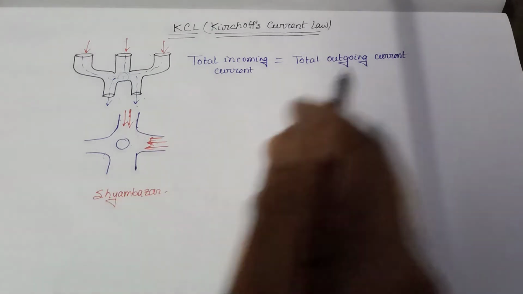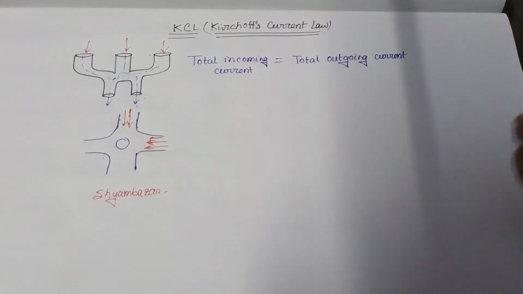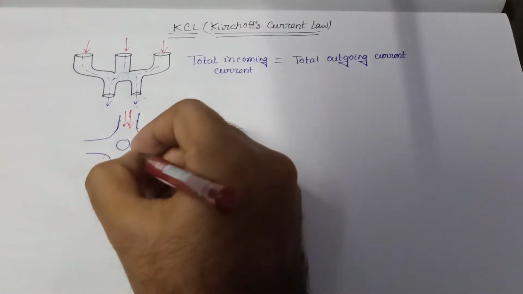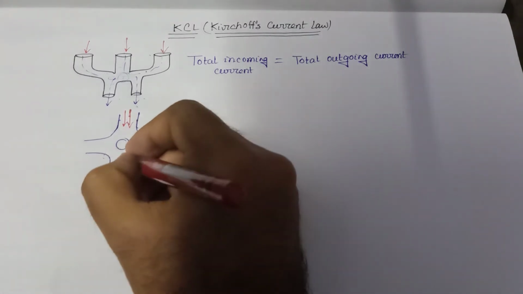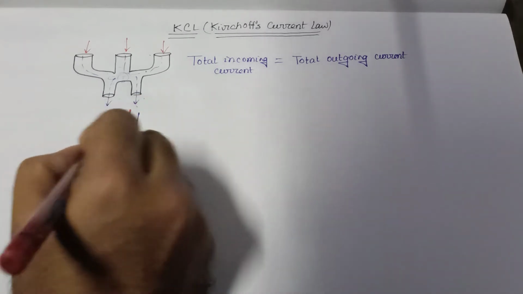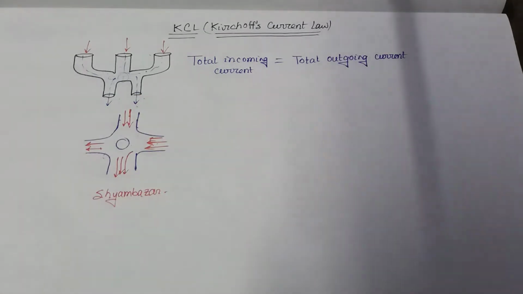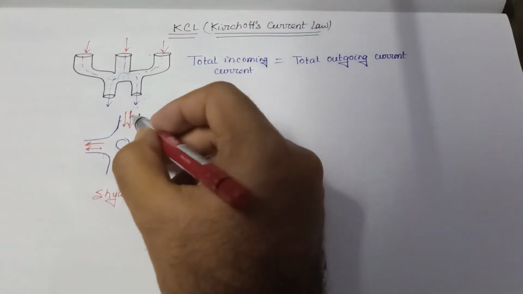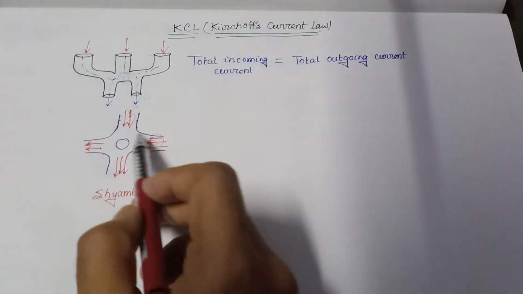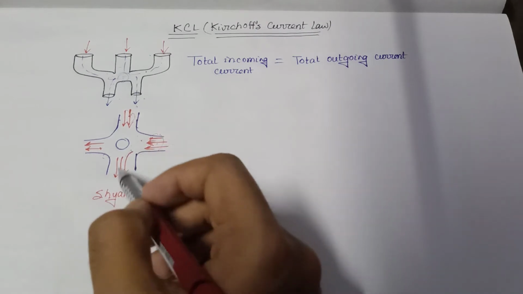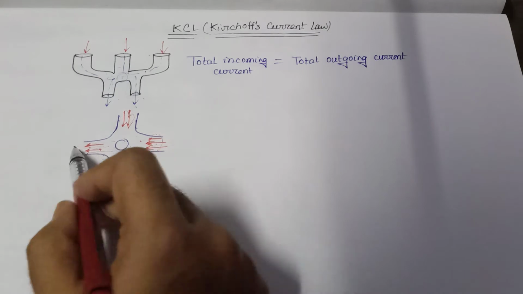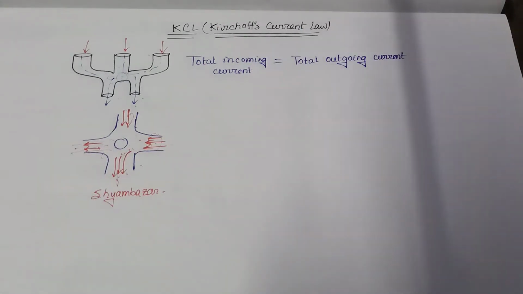Each and every car has a certain destination, so they will move towards their destination. Maybe they will go from here 1 2 3 4 5. So just see here, 3 plus 2, 5 cars were coming from these two paths, and these 5 cars are going out from these two ways, which means there will be no storage of cars.